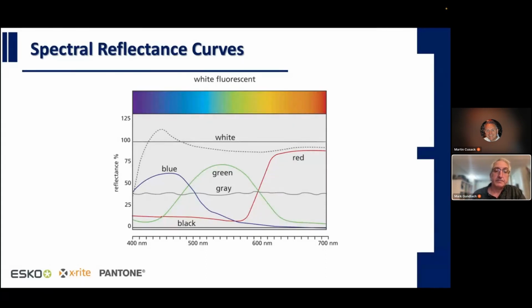In fact it's bluer, but our eye doesn't sense that. It just sees it as a brighter color, a brighter white. So if you see that kind of measurement of your papers, that would imply you've got some optical brighteners going on.